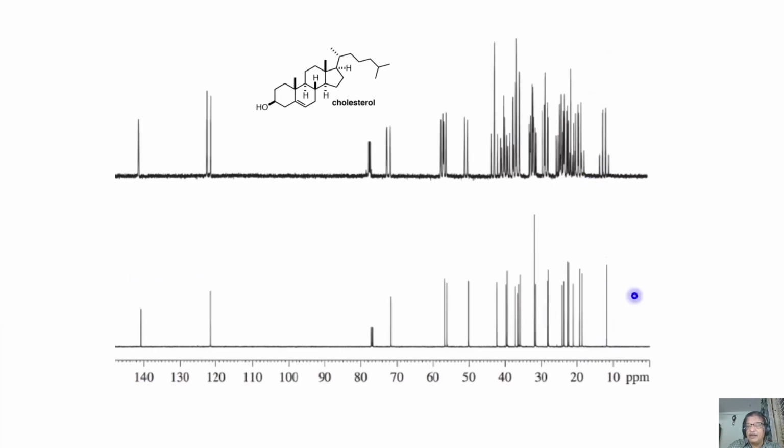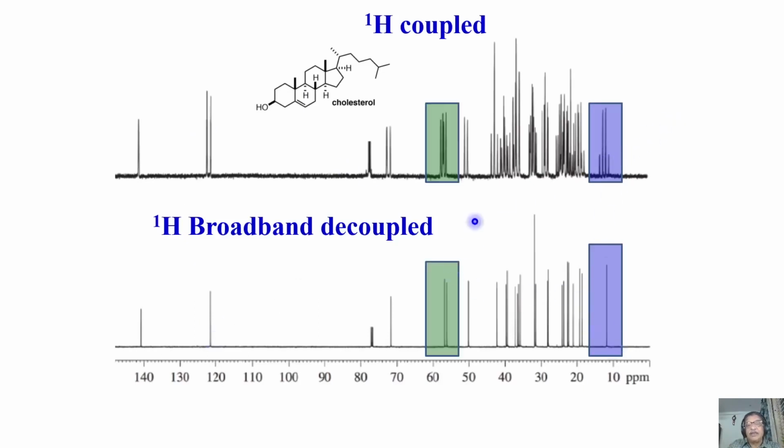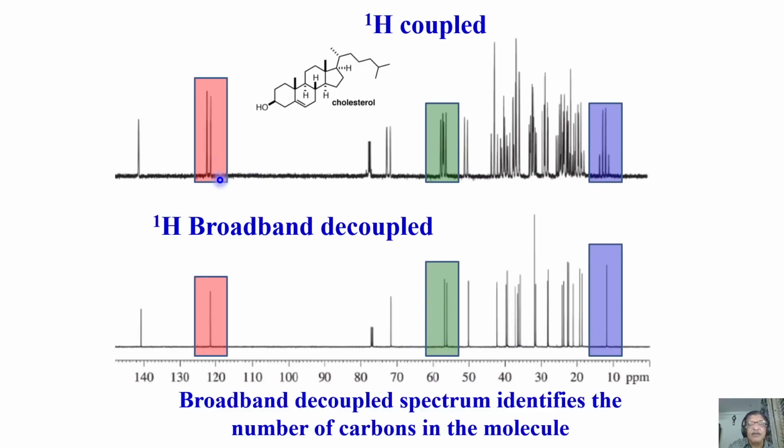Look, this quartet is collapsed into a singlet. This doublet collapsed into a singlet. I have highlighted one or two just to give you clarity. See, this 4-line pattern 1331 became a single line, and these two doublets became only 2 singlets here, and this doublet again became a singlet.